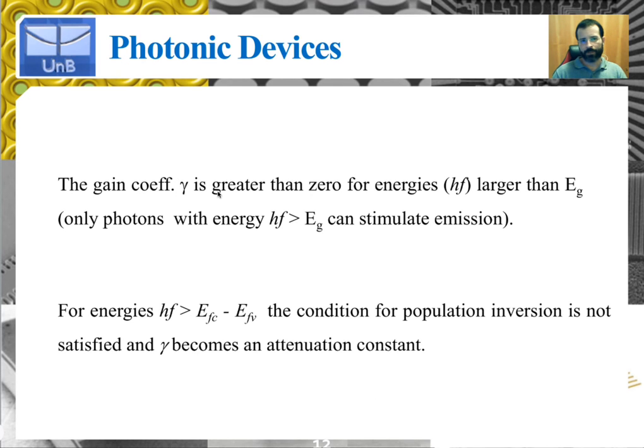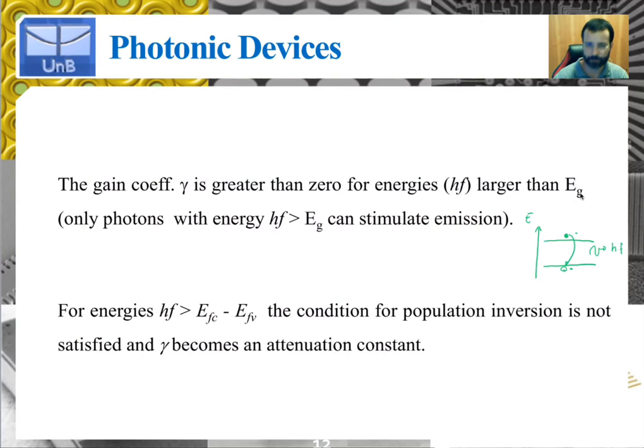So the gain coefficient is greater than 0 for energies hf larger than Eg. Of course, you need to have the energy of the emitted photon, and let's recall the basic principles here. The energy of the photon is going to be the difference between the energy of the initial level occupied by the electron, which when it recombines with a hole will be at this final energy right here. So initially it's up here, and the energy lost by the electron is the energy of the photon, right?